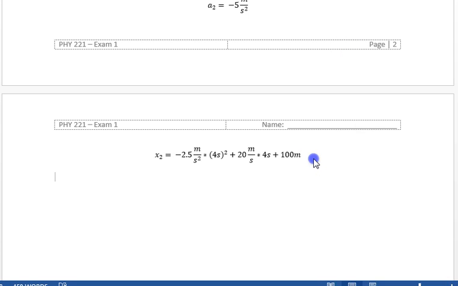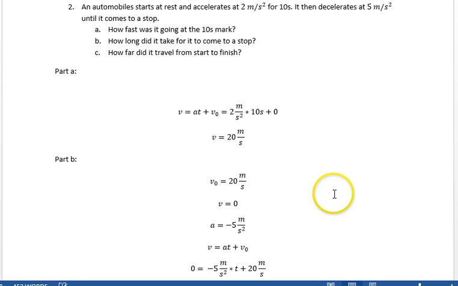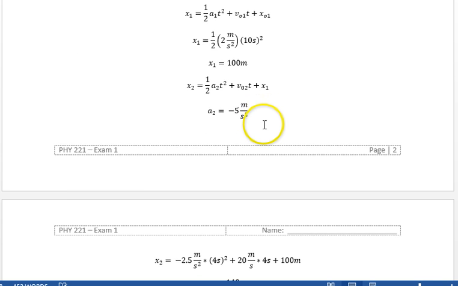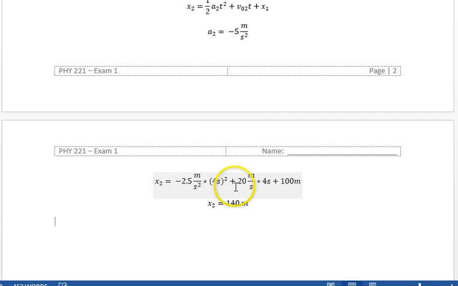It's 140 meters. And that 140 meters is the total distance traveled by the car during the course of accelerating and decelerating as described up here. That's the answer to part C, and we're done.